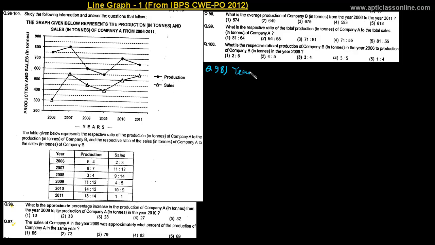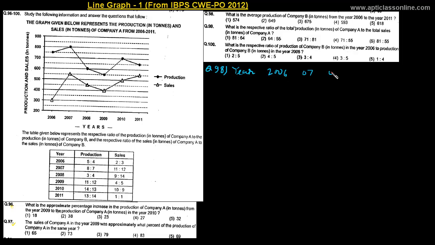First, if we know the production of company B from 2006 to 11, then we will add the production from 2006 to 11 and divide it by the number of years to get the average value. So our first job is to calculate the production from 2006 to 2011.